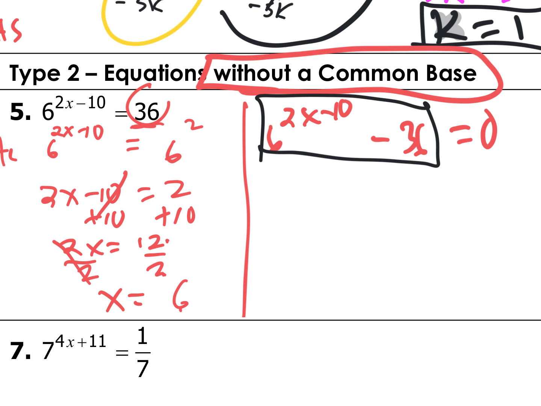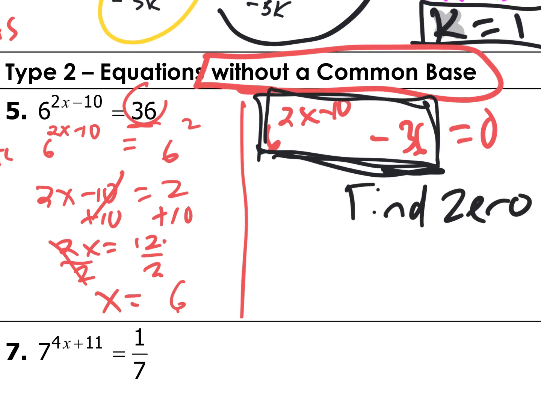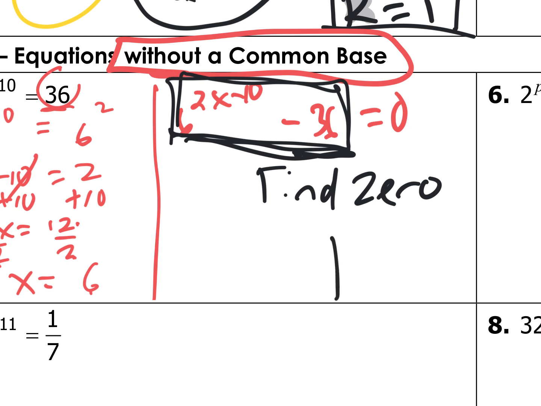So let's go see what it does in the calculator. With our calculator, we were able to verify that the graph crossed the axis right here when x is 6. And of course, the y value is 0.